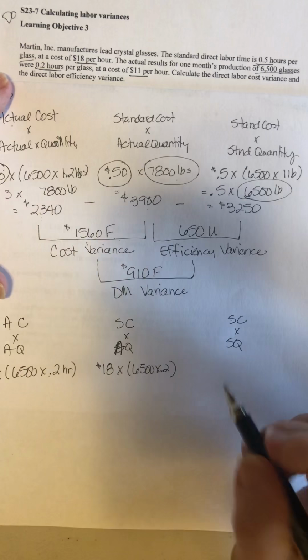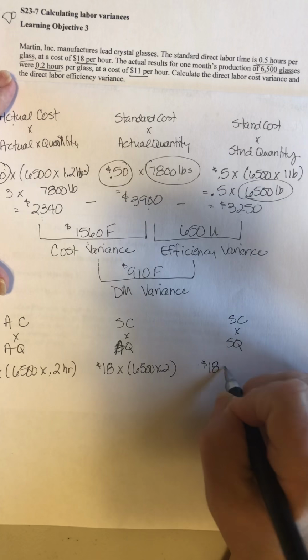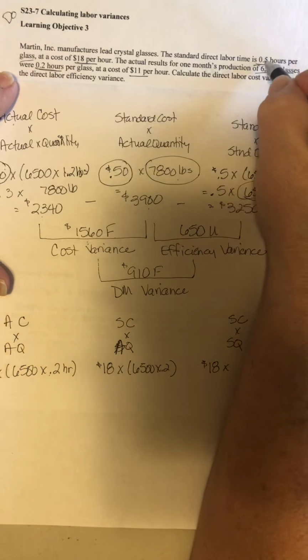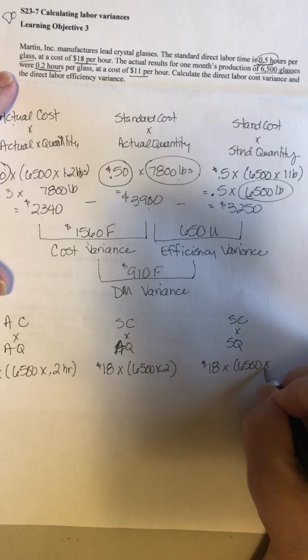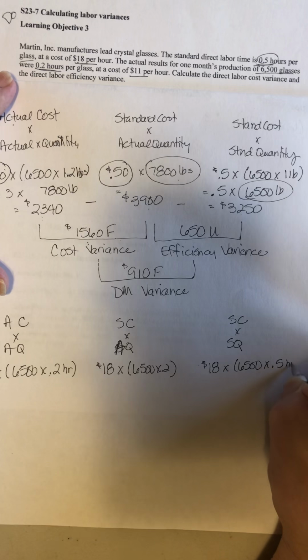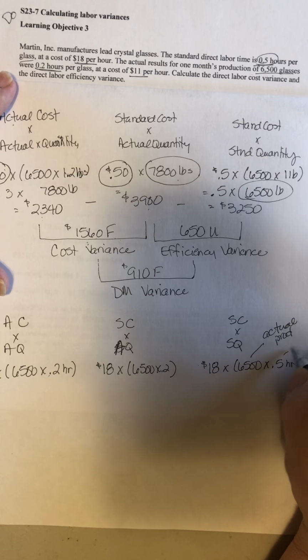Okay, right here we've got the standard cost again. So my standard cost was 18. All right, the standard quantity was half an hour. So I'm going to do the actual production times the standard amount. All right, so this is actual production, and this is the standard amount.